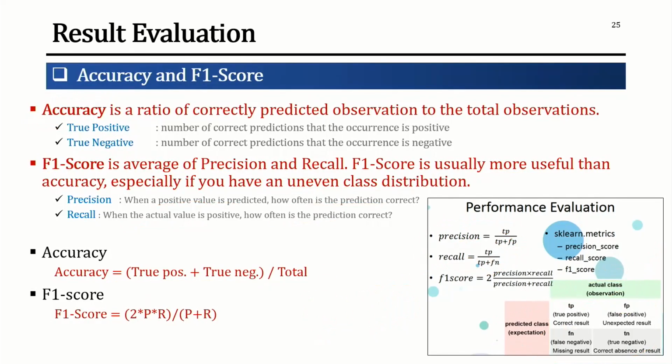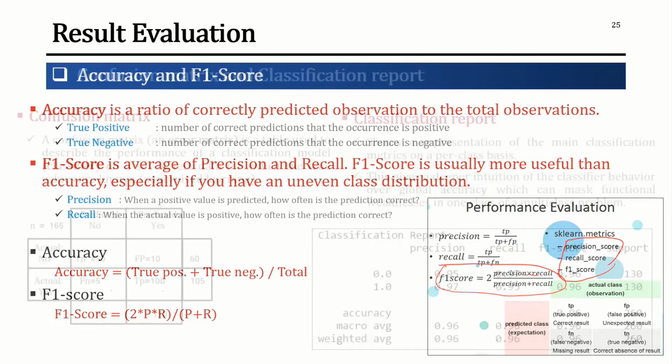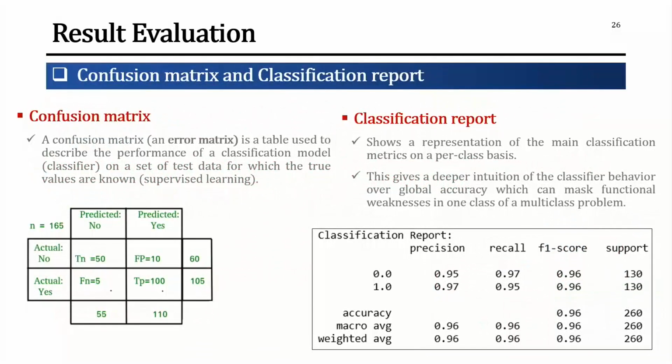And the F1 score is an average between precision and recall, and the formula is 2 times precision multiplied by recall, divided by precision plus recall. So each of these evaluation criteria can be used from the scikit-learn metrics package, via this function. And next we will take a look in more detail at the confusion matrix.